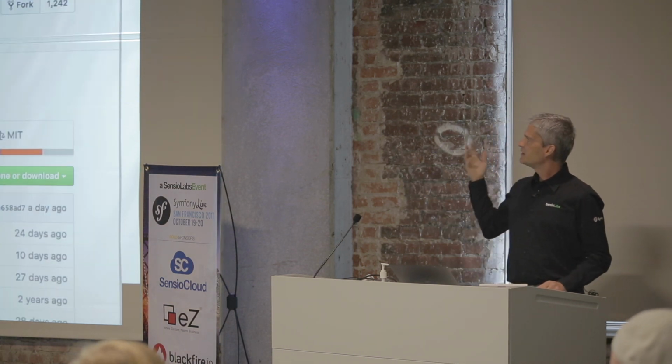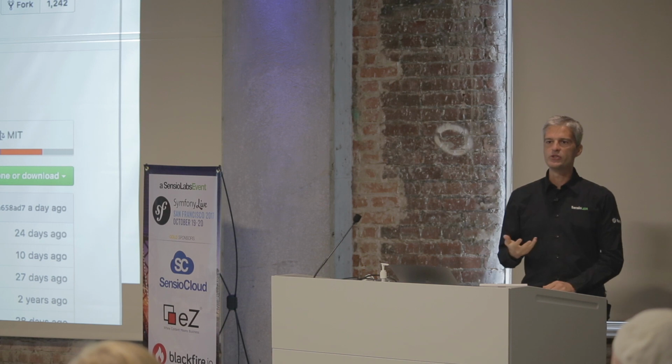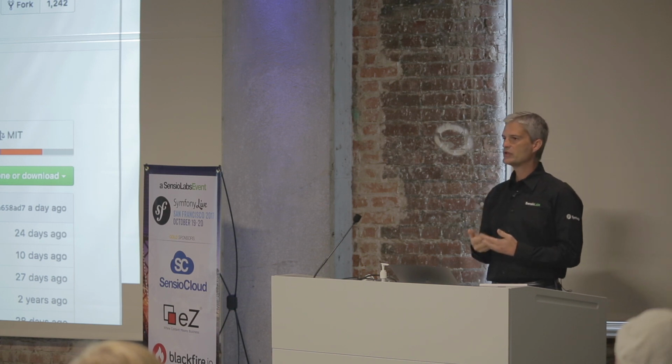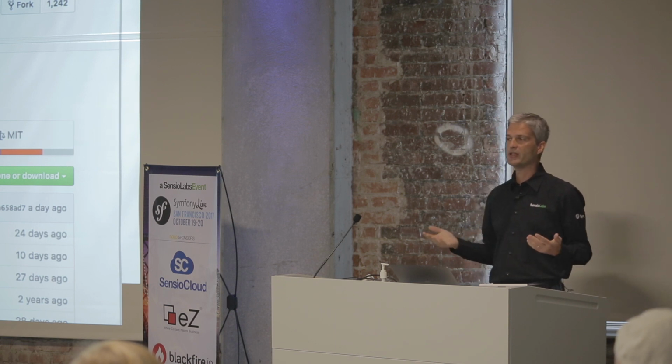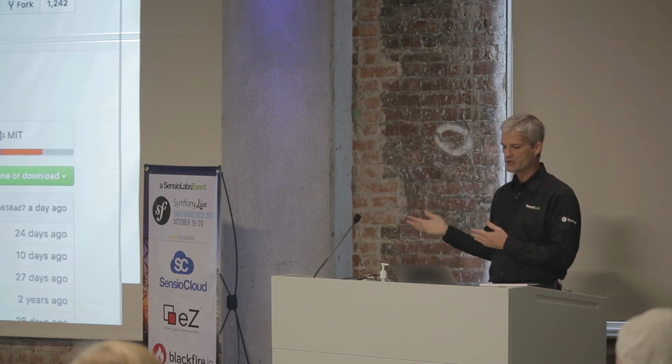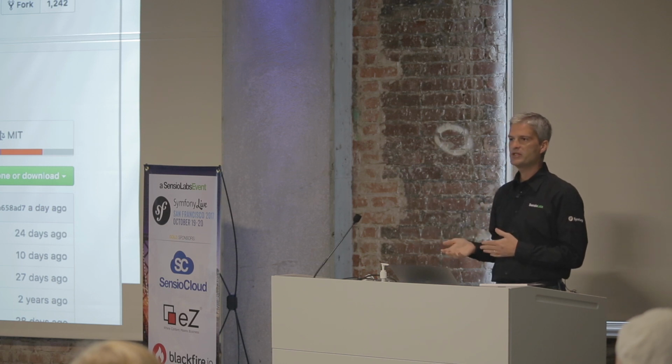The problem is that it uses the Symfony Standard Edition, which means that it comes with some dependencies that you might want or might not want, depending on the kind of application that you are developing. So for instance, it comes with Doctrine by default.